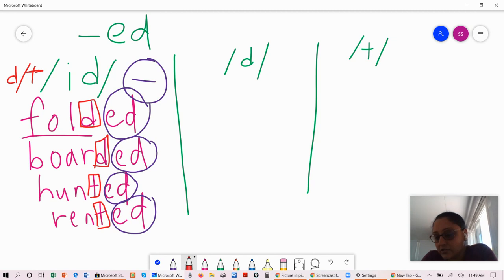But when it comes to the d sound and the t sound, there is a trick to it. So when do we use the d sound? For this, I have taught them voiced and unvoiced sounds. There are sounds that are voiced, for example, b, d.